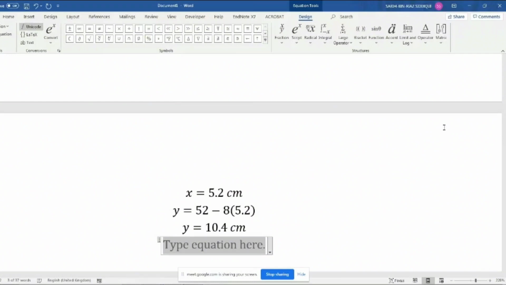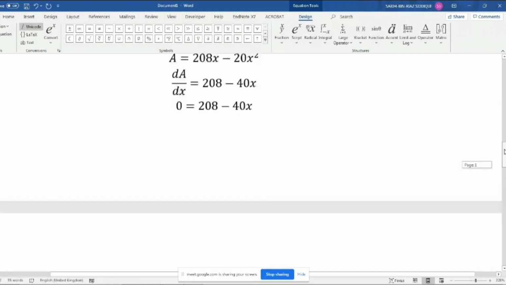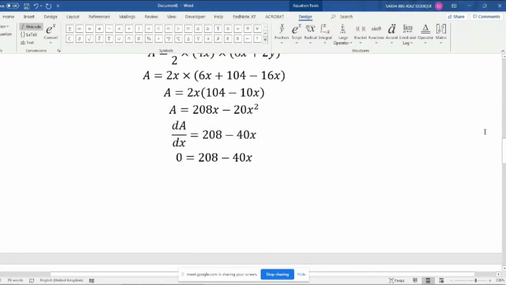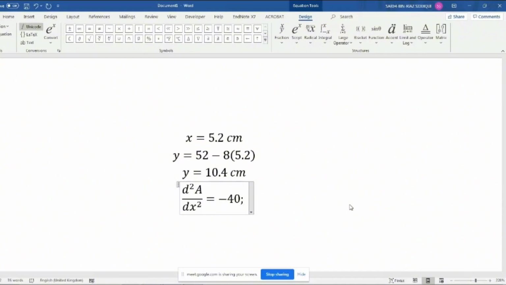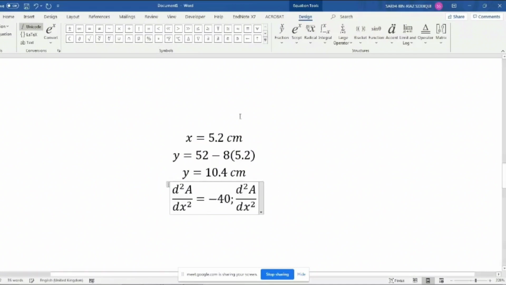Double differentiate, so d square A upon dx square. What will be d square A upon dx square? Yes, class. Differentiate this. What will you get? Simply minus 40. I'm not concerned with the value, it is just negative.